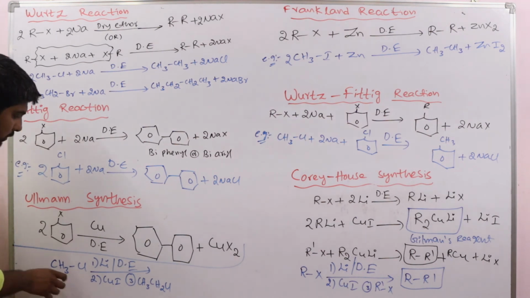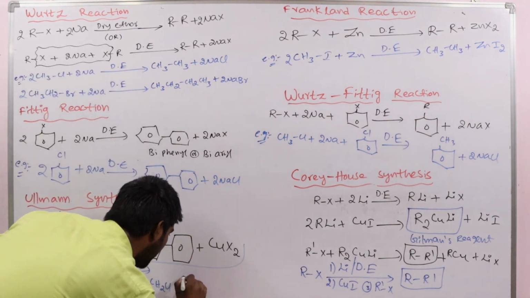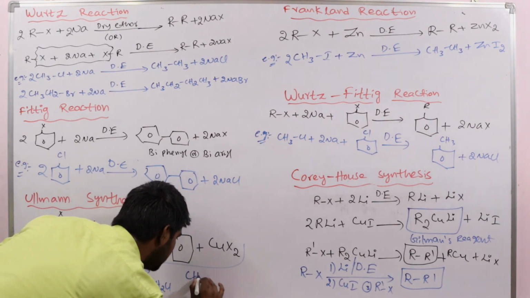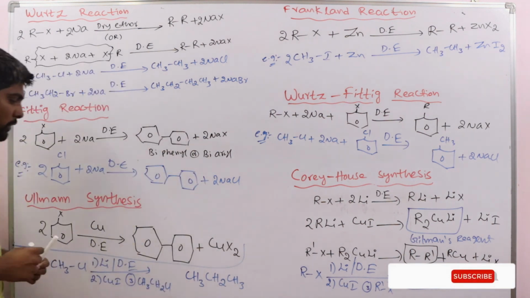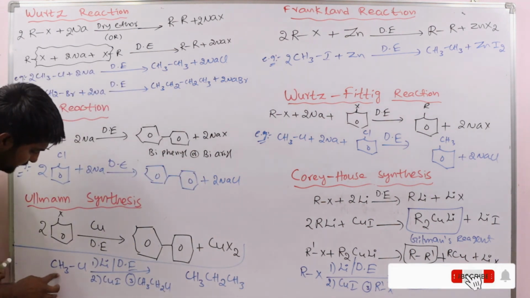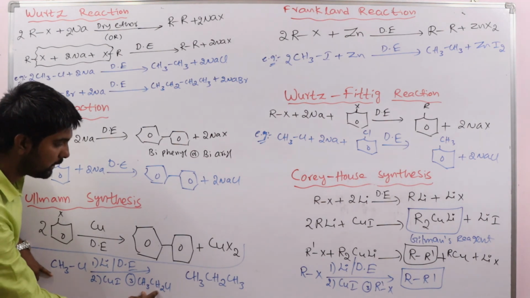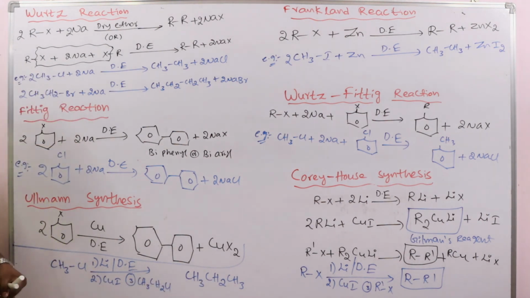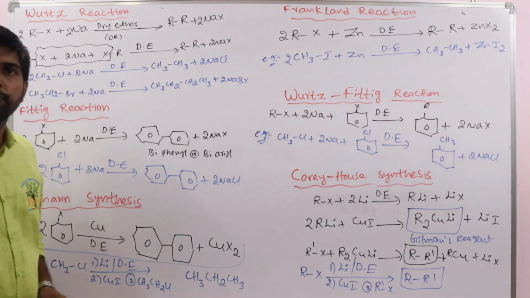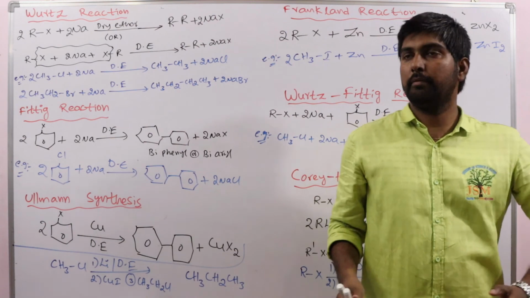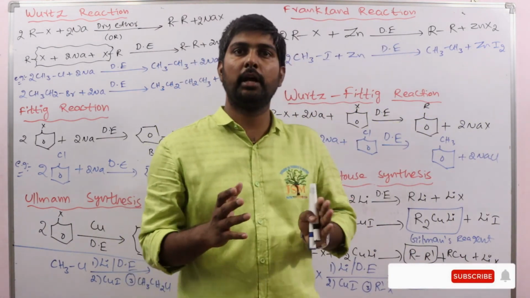See here methyl chloride is given and here ethyl chloride is given. What is the major product formed here? CH3CH2CH3. Okay, so just make a connection between this alkyl group and this alkyl group, then that is our major final product in the Corey-House synthesis reaction. Okay, clear? So in this way we can remember these reactions by comparing. Easily we can remember the reactions.